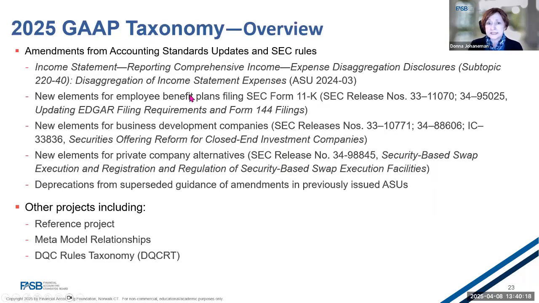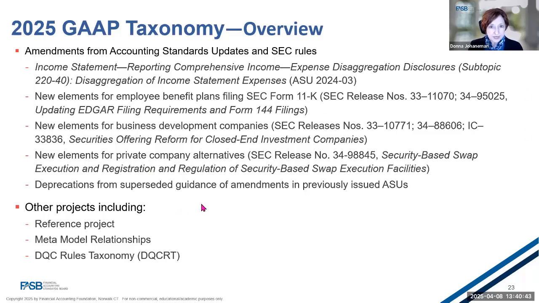On this slide is a list of the amendments to the accounting standards and SEC rules that have taxonomy improvements for the 2025 version. The amendment for the disaggregation of income statement expenses was finalized in 2024, and we added new elements from SEC rules related to employee benefit plans, filing Form 11-K, business development companies, and for private company alternatives.